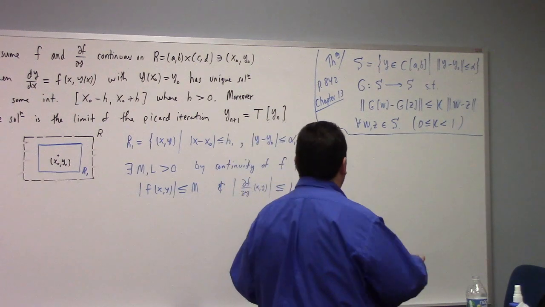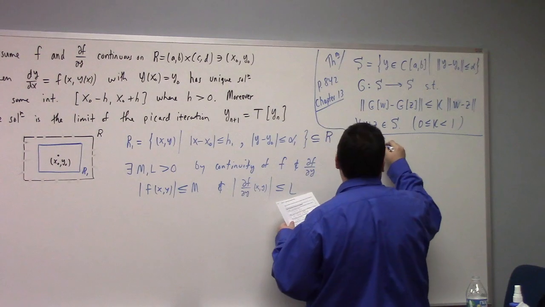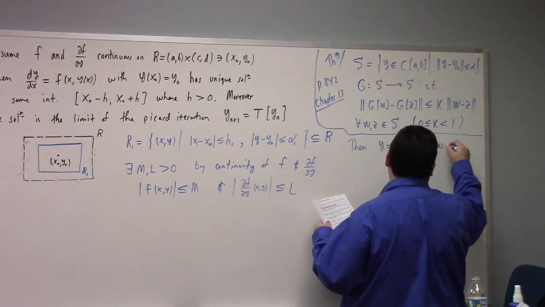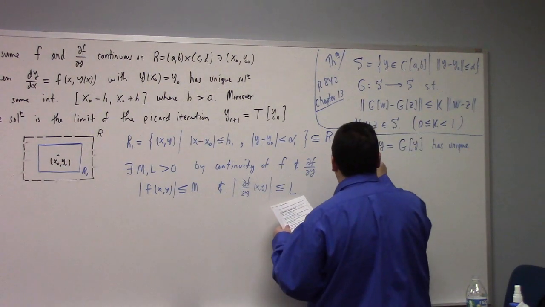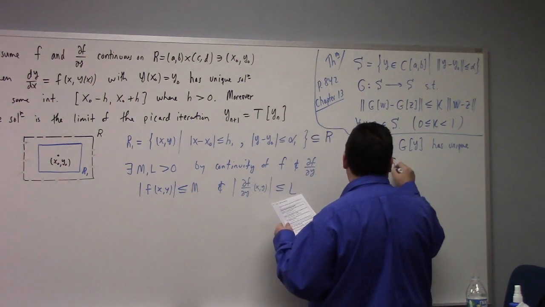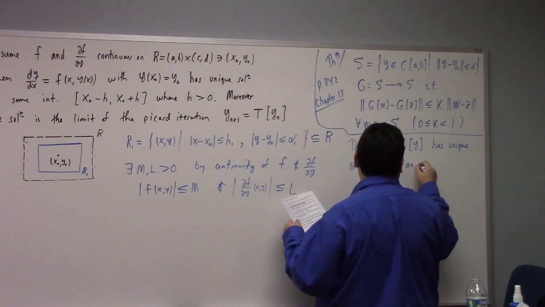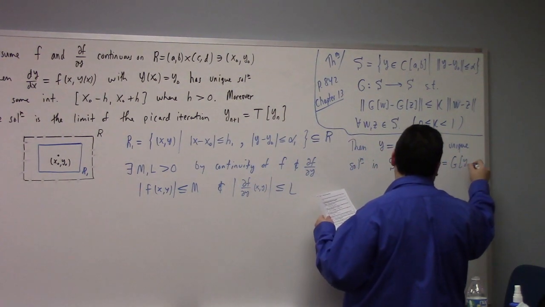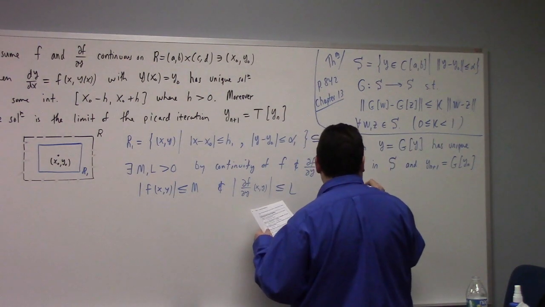Well, what it gets you is then y equals G of y has a unique solution in S, and y n plus 1 equals G of y n converges uniformly to that solution.